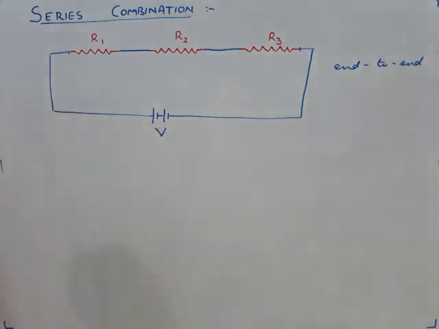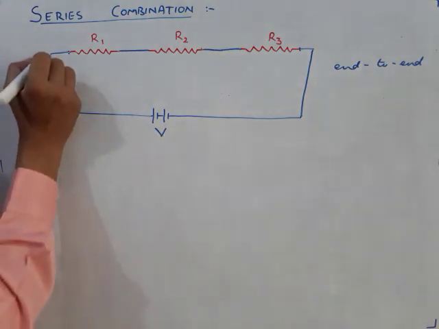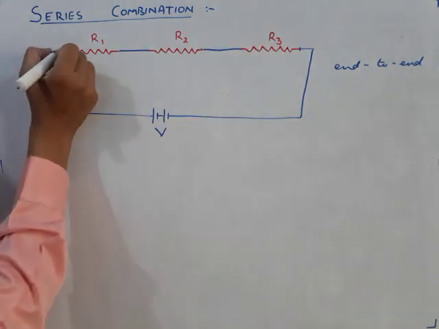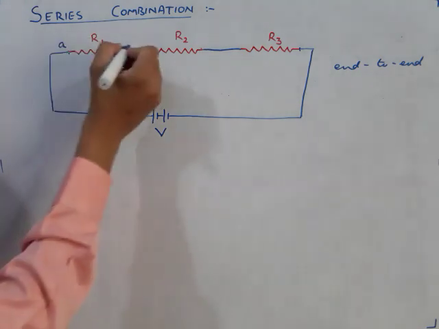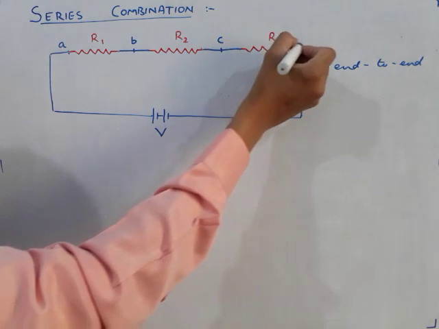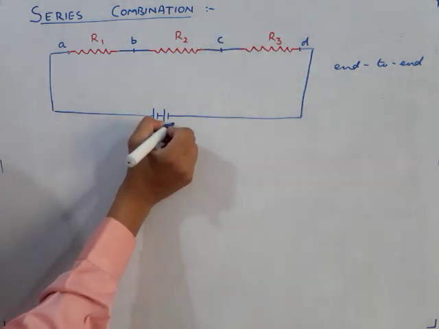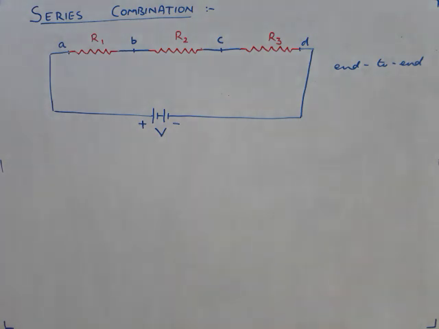Suppose V be the potential difference across the battery. This battery creates a potential difference V between these two points. Now let me name these points as A, this one B, this one C and this one D. So this is the positive terminal and this one is the negative terminal.